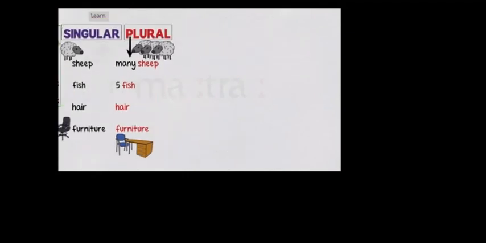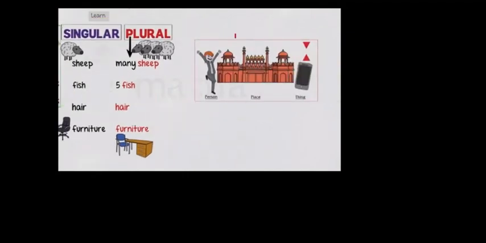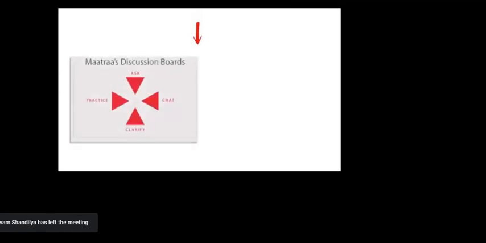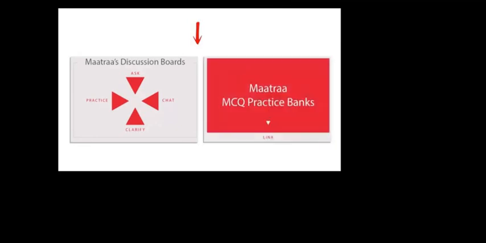Singular and plurals of person, place, thing are very important in English. Practice will help you to make sure you say and write it correctly. All questions are always welcome on Matra's discussion boards. Practice is your best friend. It's also an important Matra mantra.